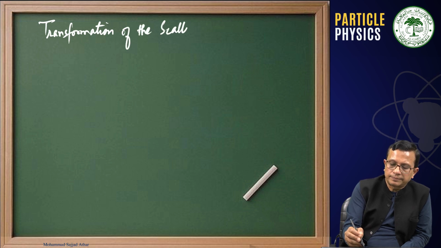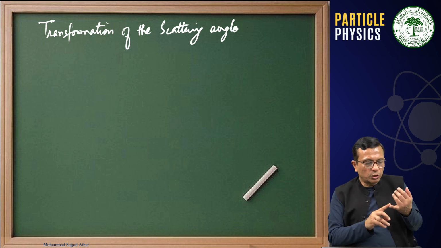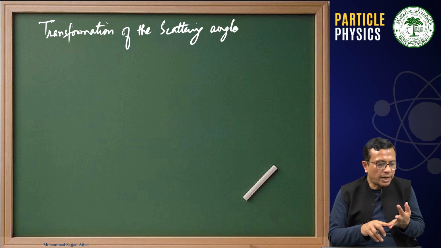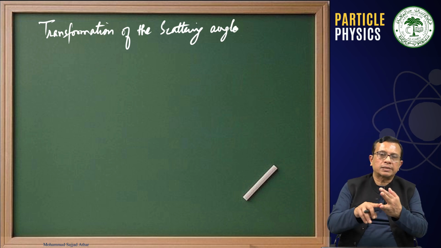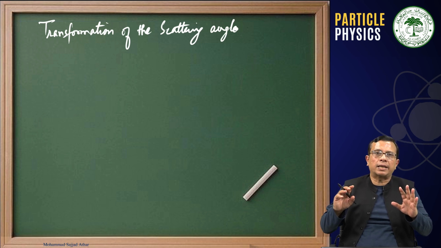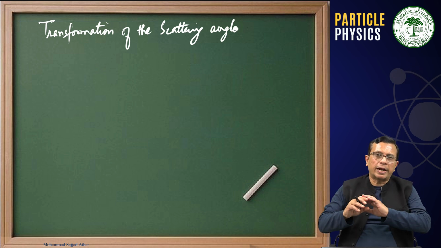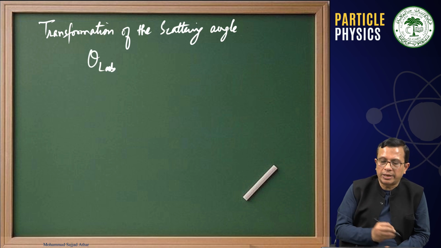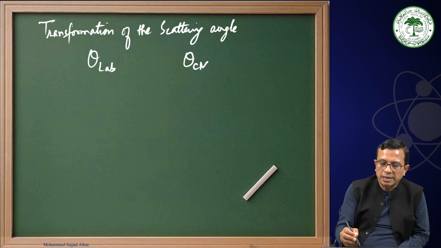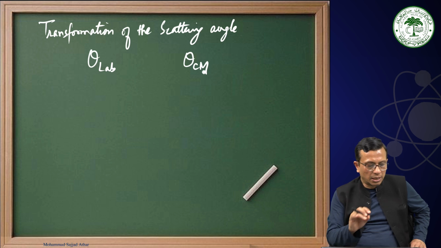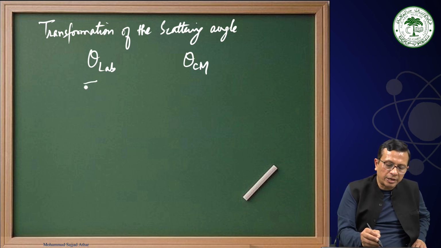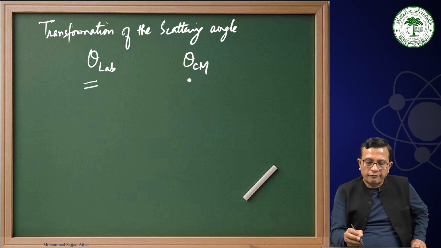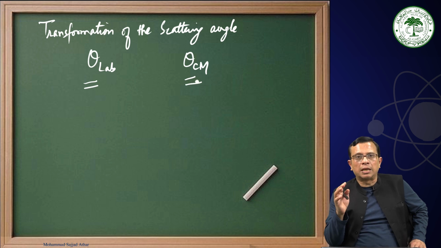And that means I am going to talk about theta lab and the center of mass angle, for example, I write it like theta c. Therefore, theta lab is the lab scattering angle, theta cm is the center of mass scattering angle. The question is: if I know theta lab, would I be able to tell what theta cm will be?